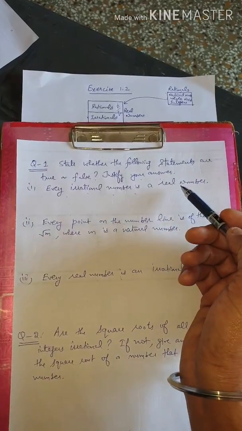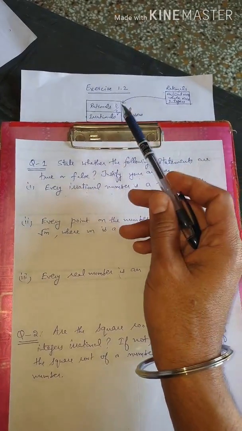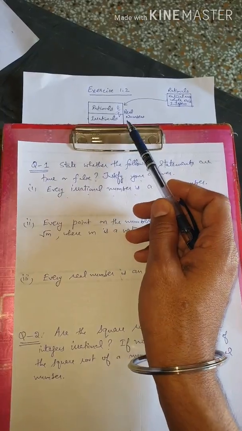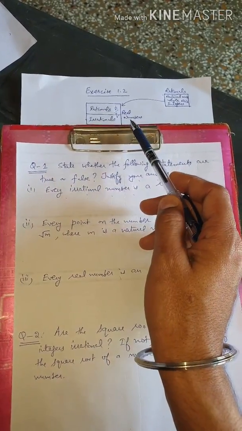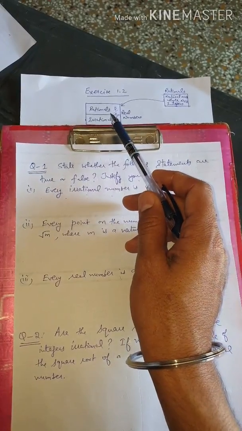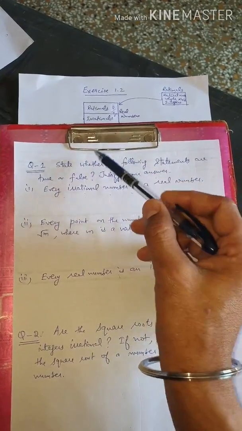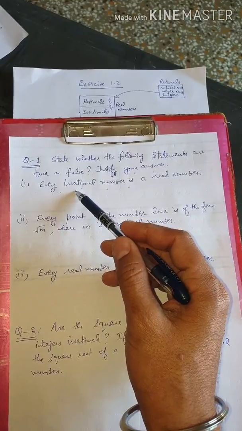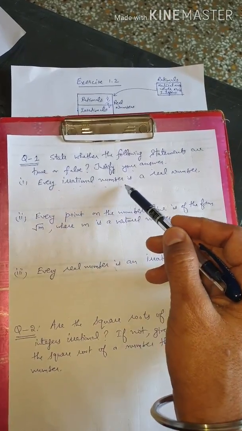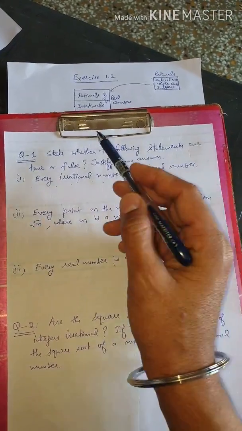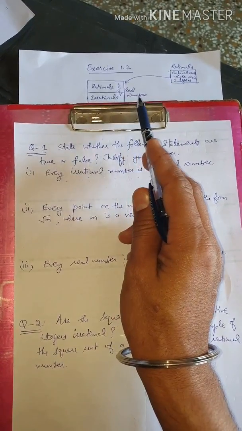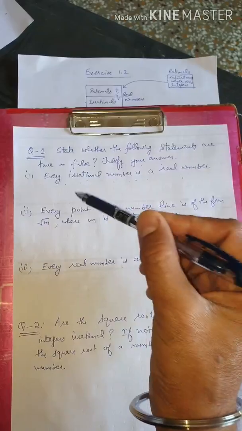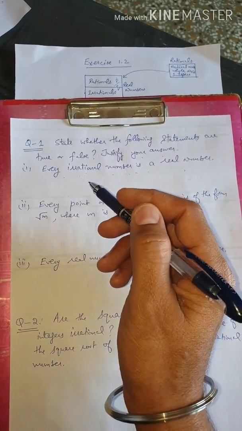To answer this, you should have knowledge of this combination of rationals and irrationals. See, real numbers are a collection of rationals and irrationals, and the question says you have to check whether every irrational number is a real number. See, irrationals are part of real numbers. So you can easily give the answer to this also. Just try to think.